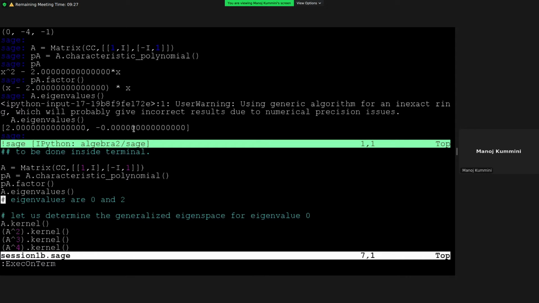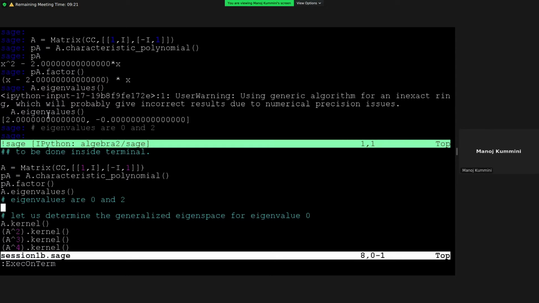Anyway, by looking at this, we can now conclude the eigenvalues. This is a comment line; the ones that start with the sharp are comments. So now we have identified the eigenvalues.